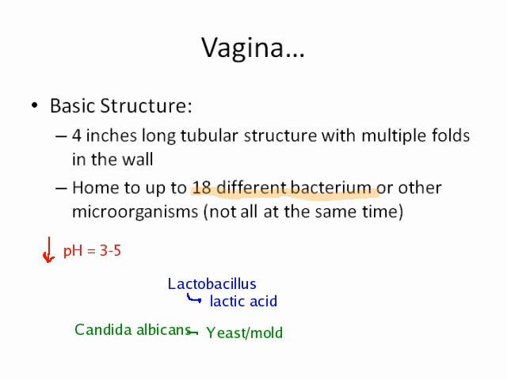If you kill off that natural flora of lactobacillus, then lactobacillus is not breaking down the carbohydrates, which is not producing lactic acid, which is raising the pH. And if you raise the pH into that 6 to 9 range, you guessed it, Candida albicans begins to flourish, begins to grow.